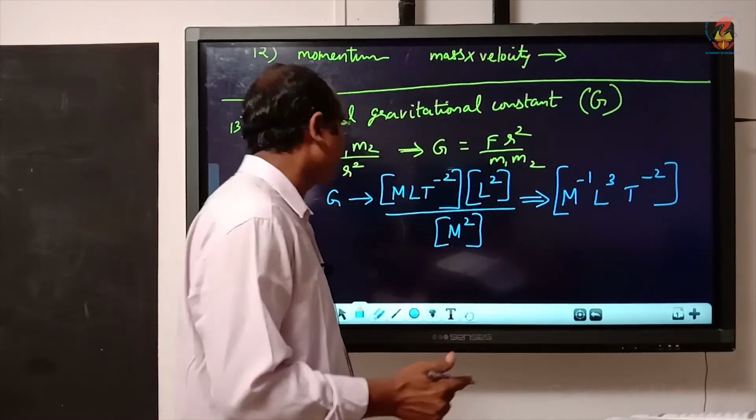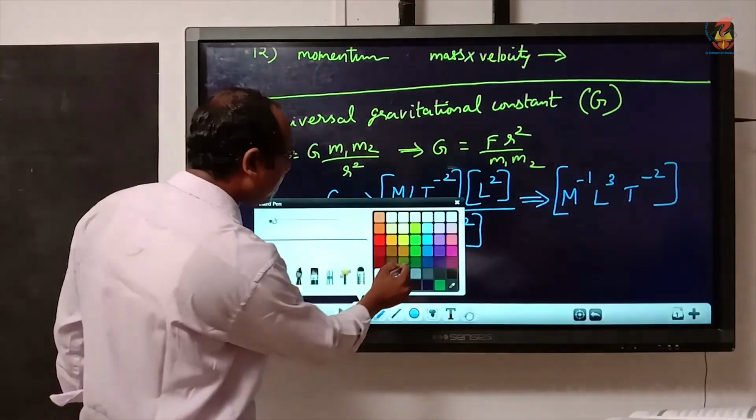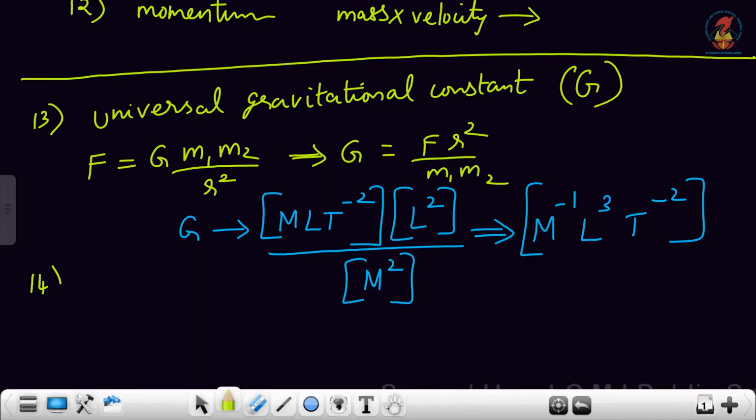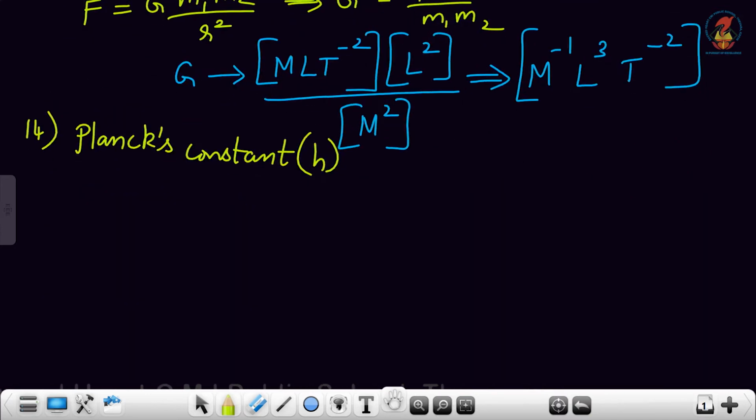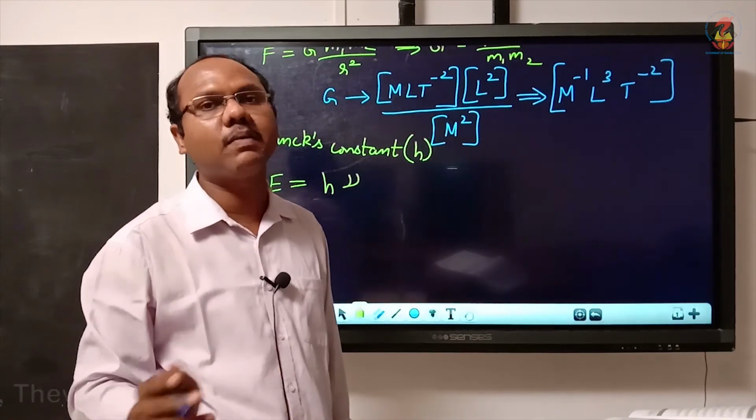I will show one more thing, Planck's constant. Planck's constant is H. The energy equation is E = H into nu, where nu is the frequency.